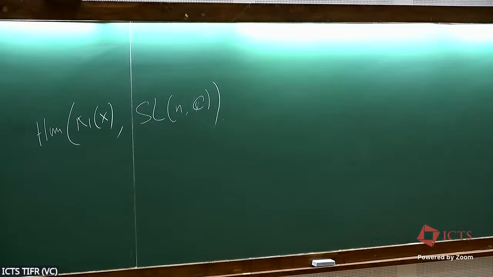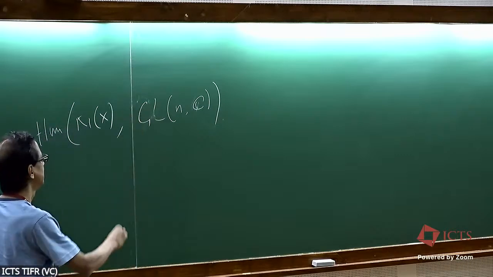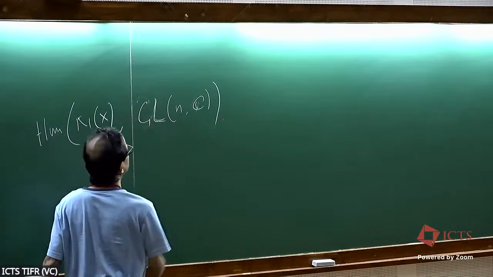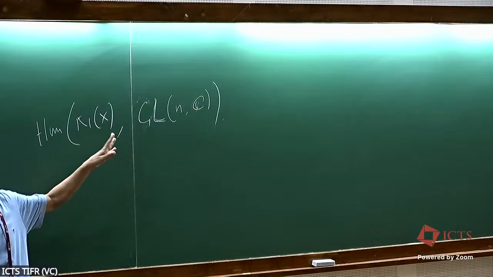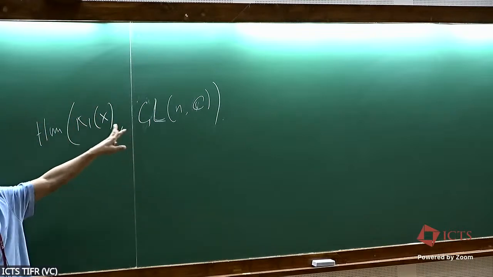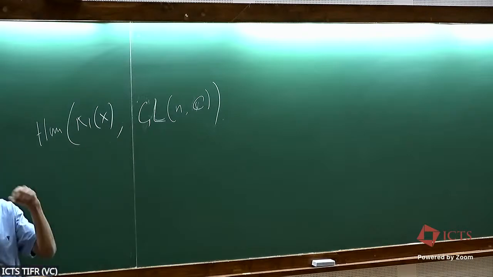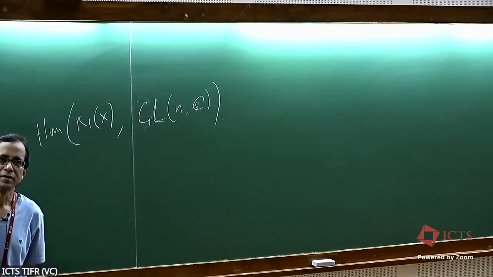Let me put GL_N(C), because SL is contained in GL. Now we put some irreducibility condition. That means you take a homomorphism from pi1 of X to GL_N(C). Now GL_N(C) acts on C^n by the tautological action, the standard action.